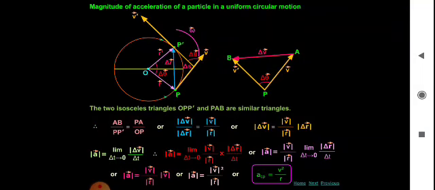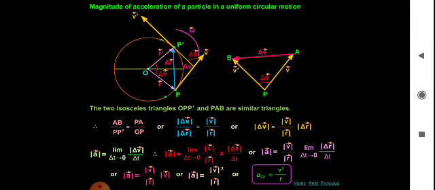V is the velocity. So the modulus of acceleration vector is equal to V divided by R, into V, or the modulus of vector A is equal to the modulus of vector V square divided by R. It becomes acceleration is equal to V square by R. So this is the centripetal acceleration.